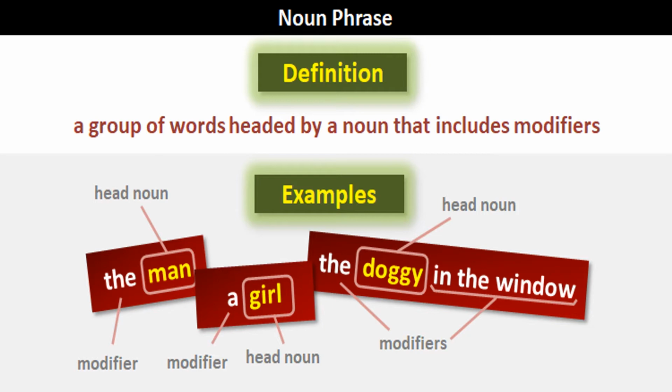And a noun phrase is a group of words headed by a noun that includes modifiers. It means a noun phrase consists of a noun and other related words, usually modifiers and determiners, which modify the noun that comes after or before the noun.